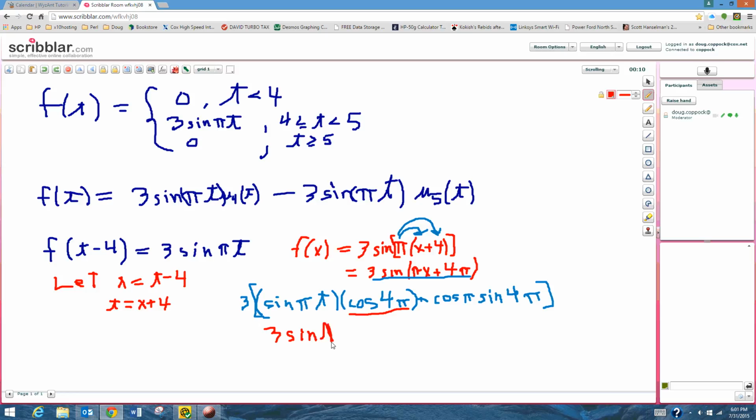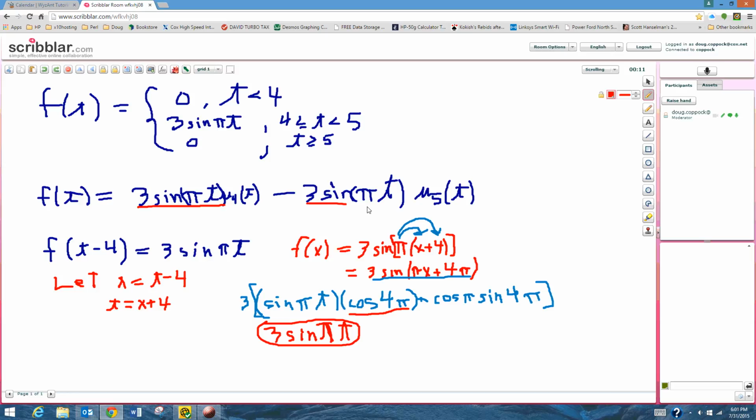This one becomes, what's the sine of 4 pi? It's 0. So that's the first part of f of t. It didn't change.